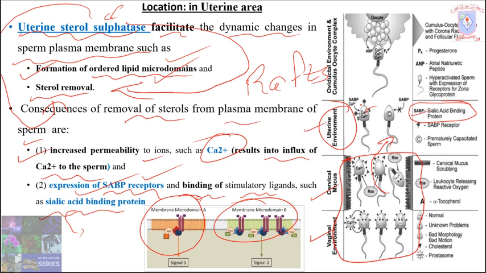But only the sperms that had experienced the calcium influx inside the vaginal and cervical area of the female reproductive system can respond to the SABP signals in the uterine environment.